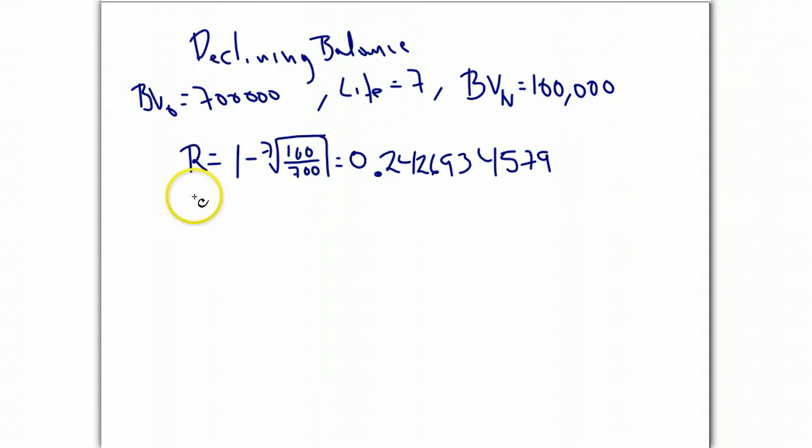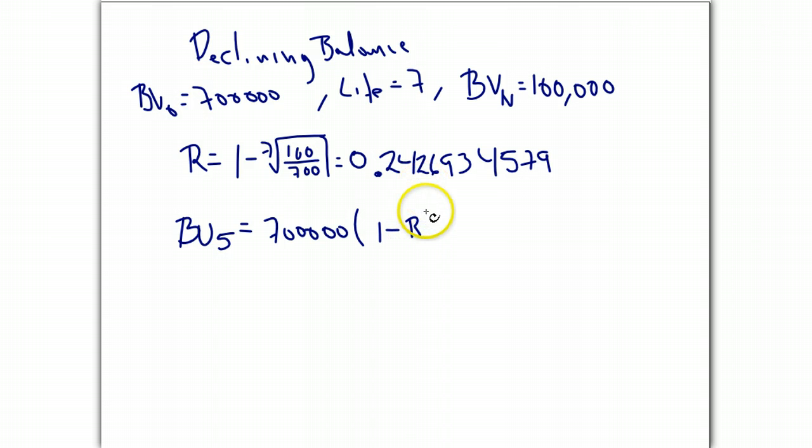So the first computation we can do is the book value at, say, year 5. Using the formula, it's the initial investment 700,000 times 1 minus r, which is the number above, to the fifth.